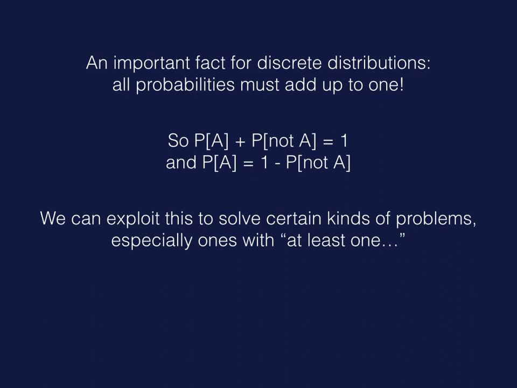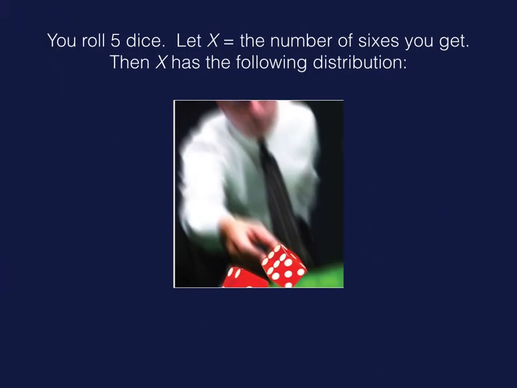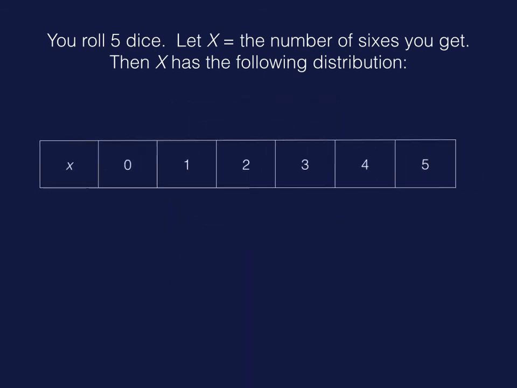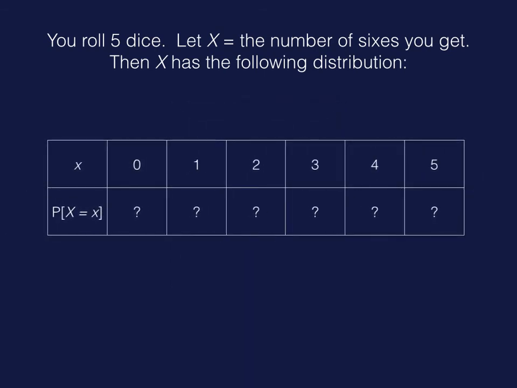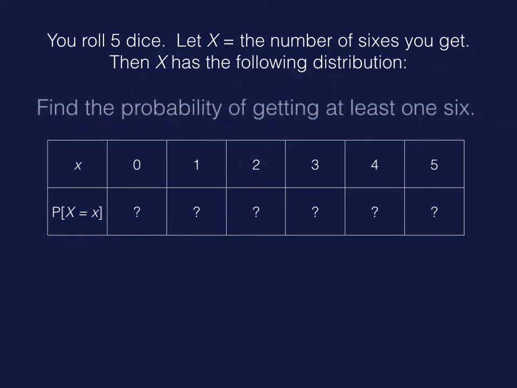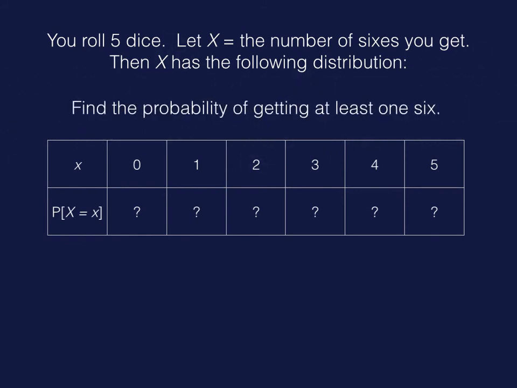Let me do an example for you. Let's say you roll 5 dice and X is the number of 6s that you get. So it's possible to get anywhere from 0 to 5 6s. I want to find the probability of getting at least 1 6.